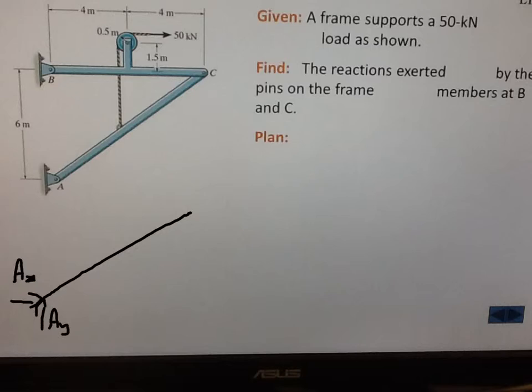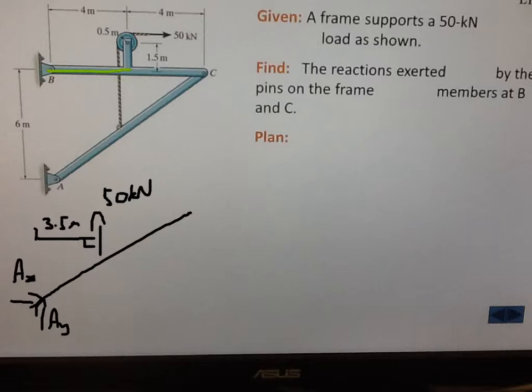We're going to have 50 kilonewtons acting, and we can work out the horizontal distance, or the perpendicular distance there. That's going to be 3.5 metres, and we know that because the length here, hopefully you can see that, is 4 metres.